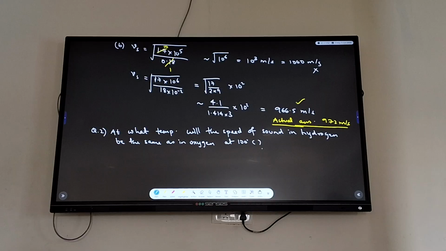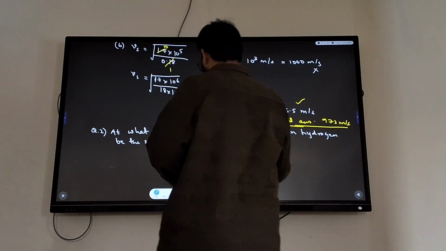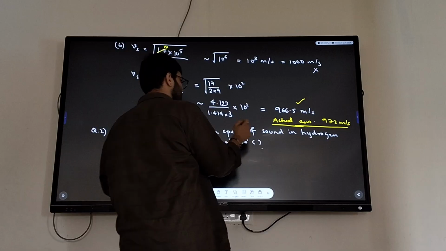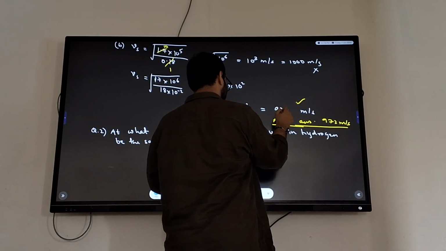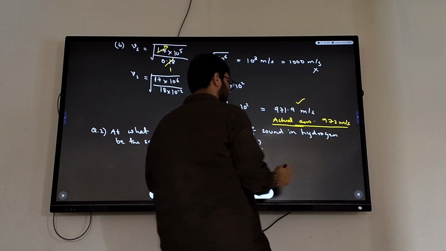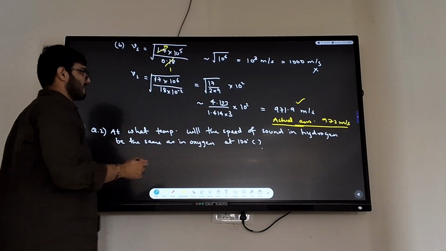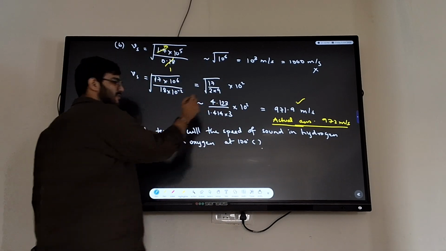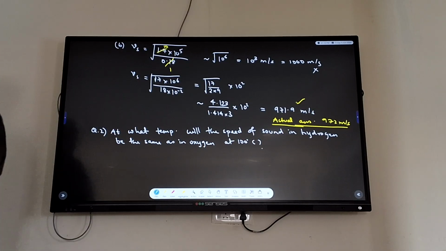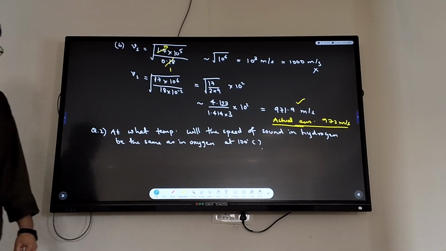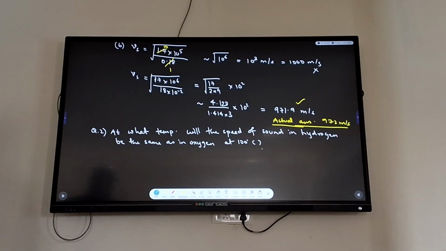The root of 17 is 4.12 actually. 1 2 3 ऐसा कुछ तो, and then you will get 979.1. ये root 17 निकालना, ठीक है. 4.123 होता है. Anyways, attempt the second question.